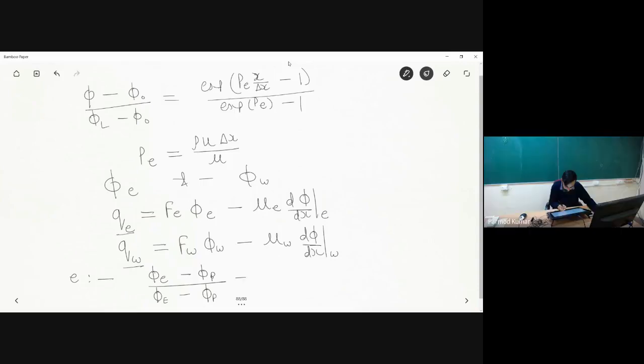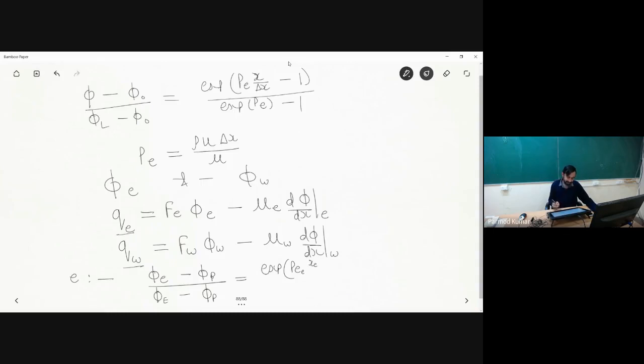Phi P, sir. That will be equal to exponential of Peclet number at which phase? Now I have to calculate Peclet number at east phase into x.